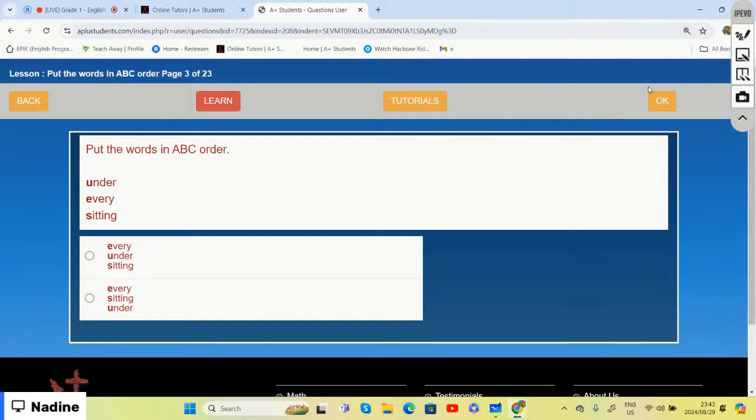We need to look at the words and then also try to look at the alphabet or try and picture the alphabet. All right. So we have under, every, and sitting. If we look at those words, we need to identify the word that is first.